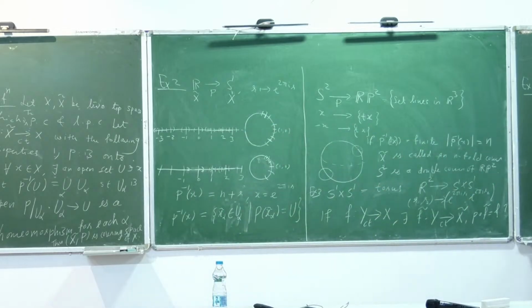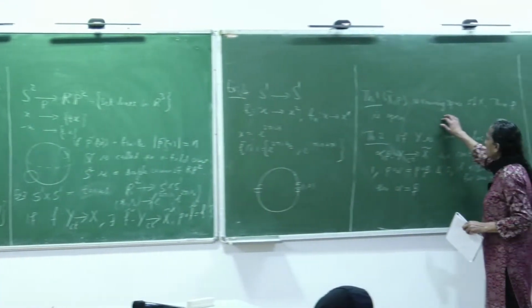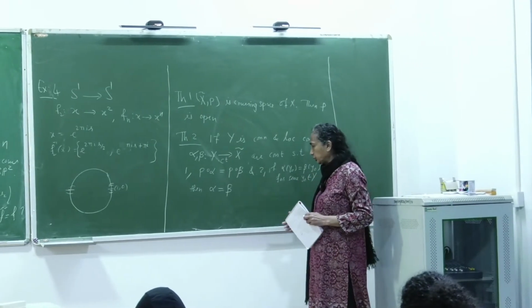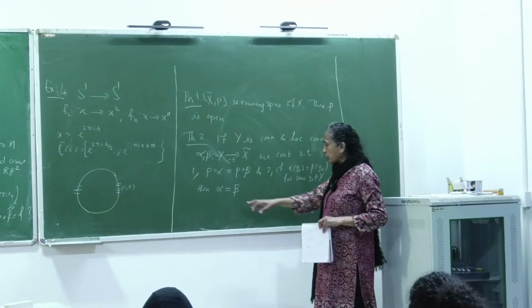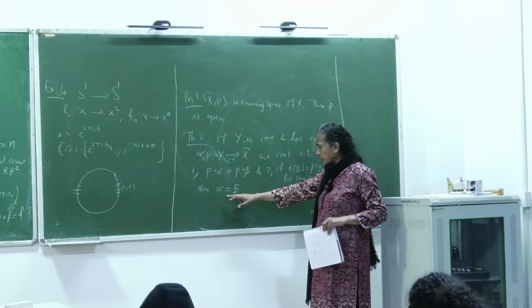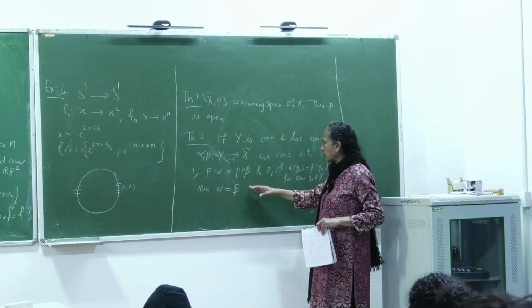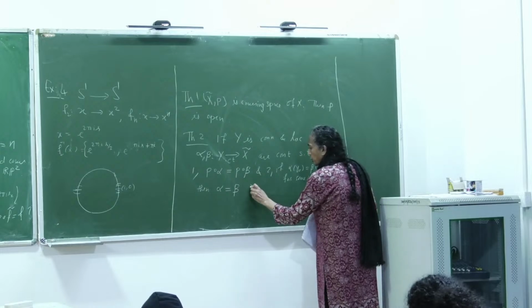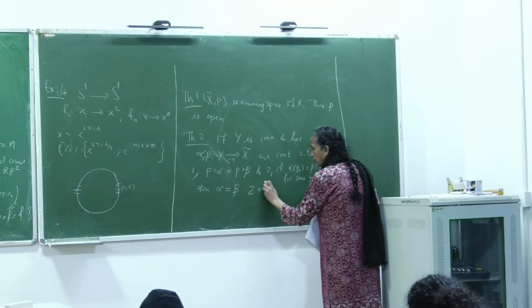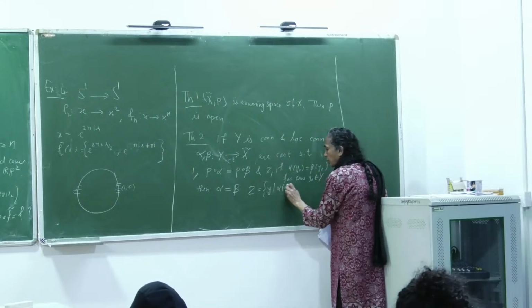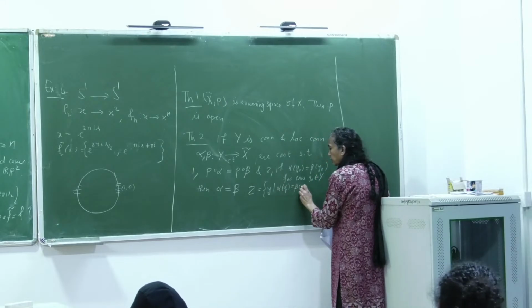So this theorem is just using connectedness and local connectedness. I will just tell you what to do. Take a set Z equal to the set of y such that alpha y is beta y.